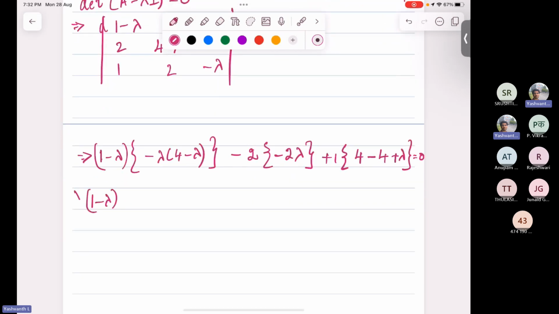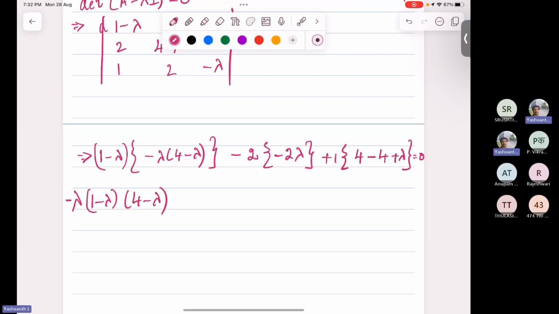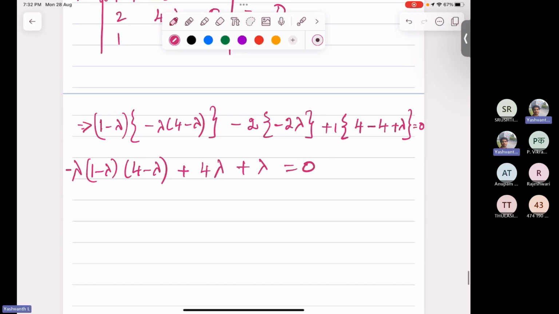Now let's expand it. 1 minus lambda into 4 minus lambda, there's a minus here, plus 4 lambda plus lambda equal to 0. This is nothing but lambda into 1 minus lambda into 4 minus lambda minus 5 lambda equals 0.